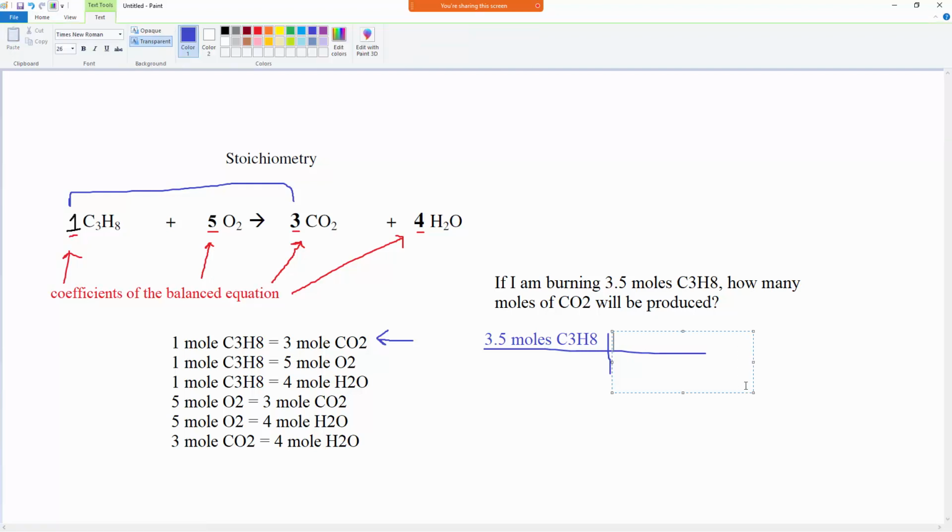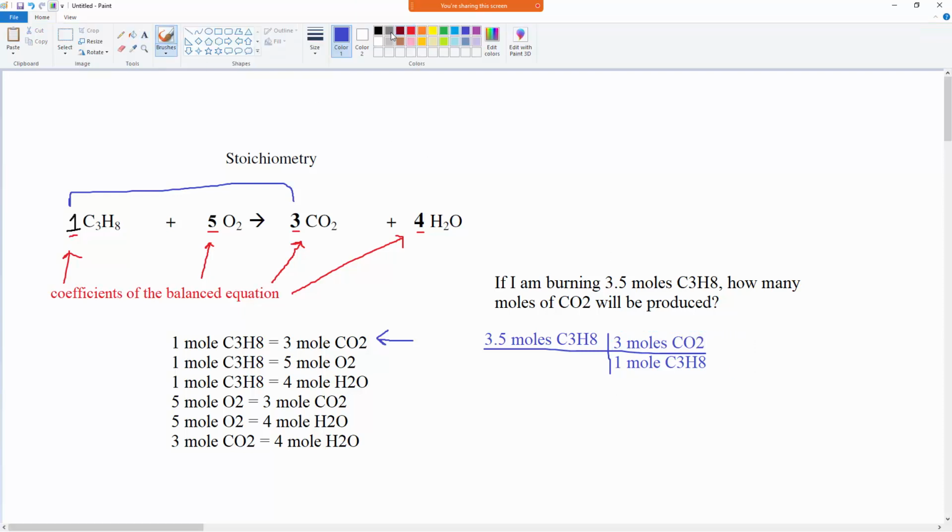Let's see, 1 mole of C3H8 will produce 3 moles of CO2. And I set it up that way, as you can see, because I want the moles of C3H8 to cancel so that I'm left with the moles of the thing that I want. Then I should be able to get the right answer here.